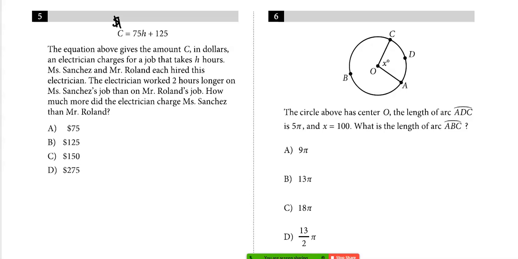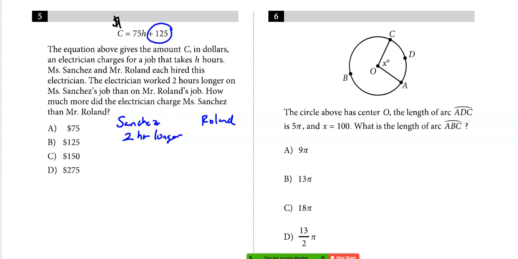So let's kind of jot this down. So if we have Sanchez and we have Roland, and the Sanchez job was 2 hours longer. So he's going to pay more. How much more did the electrician charge? Well, the 125 doesn't have anything to do with time. So that must just be the cost of him coming to the house and showing up.